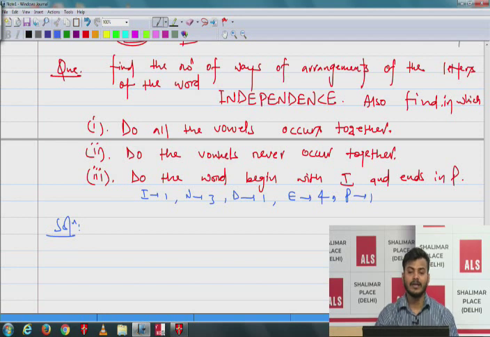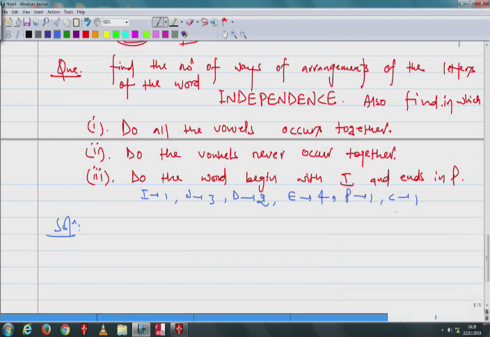E is covered, N is covered, D is covered. So how many total? 1 plus 3 plus 2 is 6, 10, 12. So yes, a total of 12 letters.